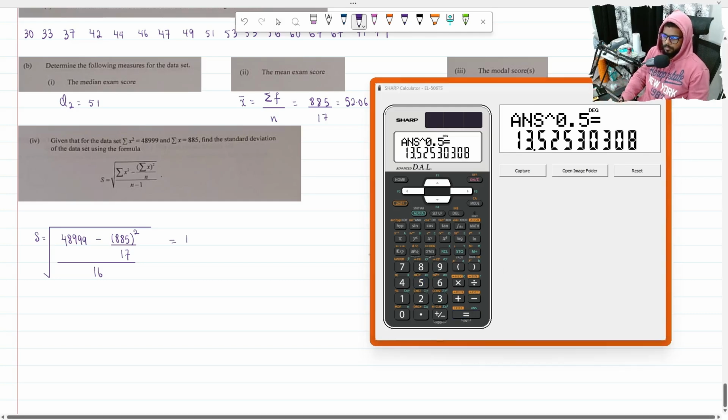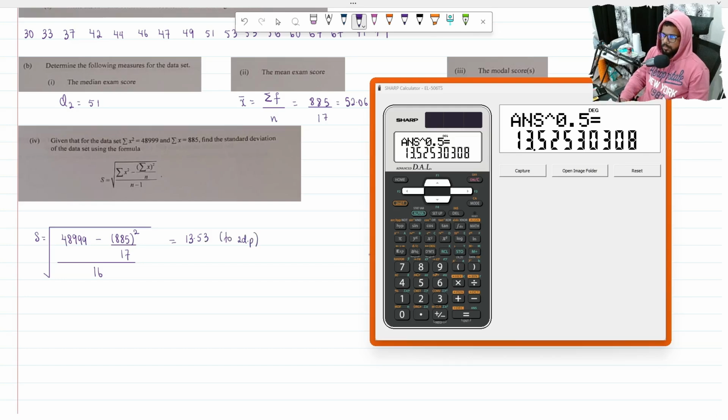That is 13.53 to 2 decimal places. And just remember, this number means something.